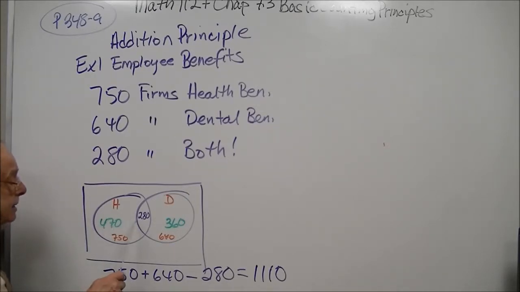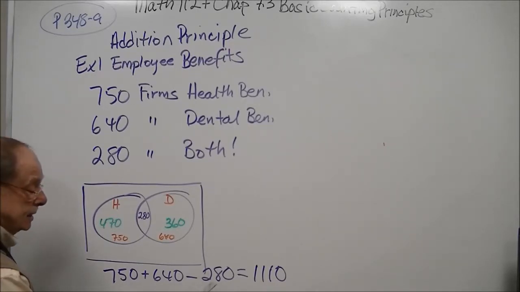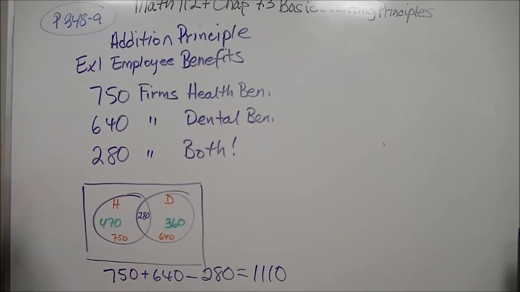Or if you just add these 3 figures, they would give you the same thing. But this is the formula they're featuring. This is the union minus the intersection, which gives you your total number of firms with some sort of health coverage.